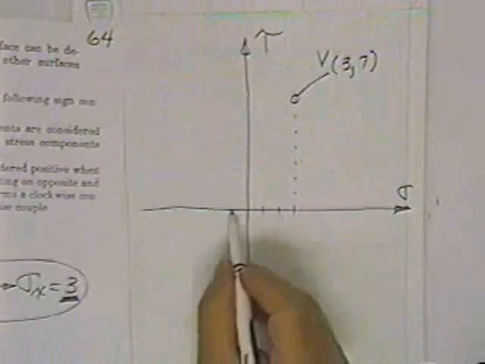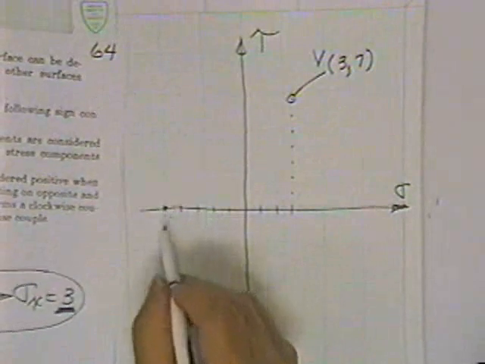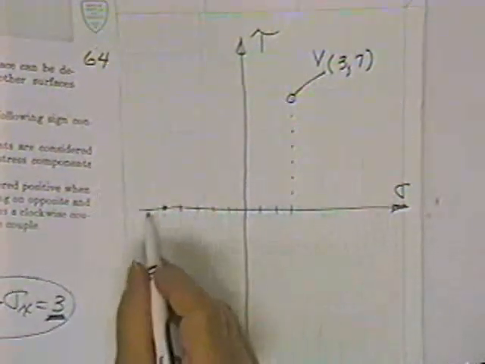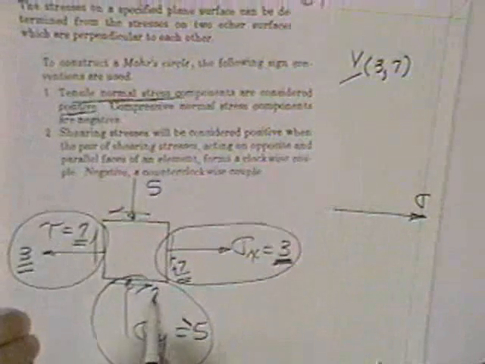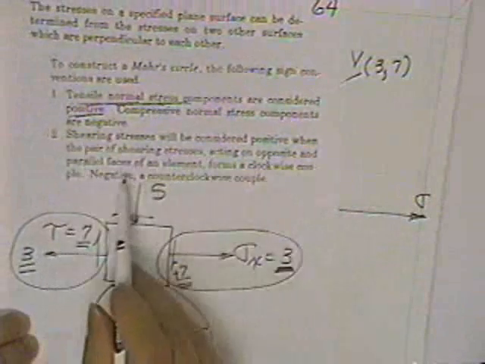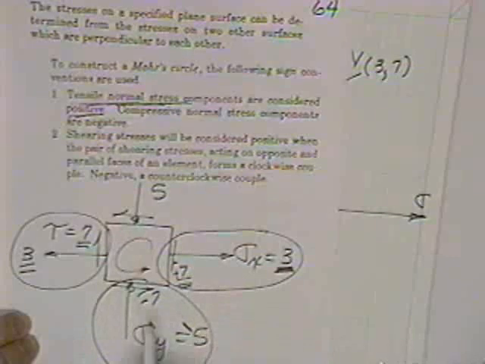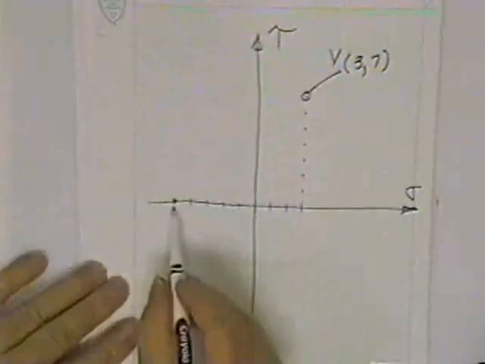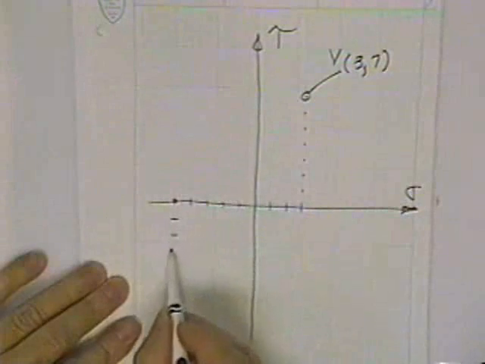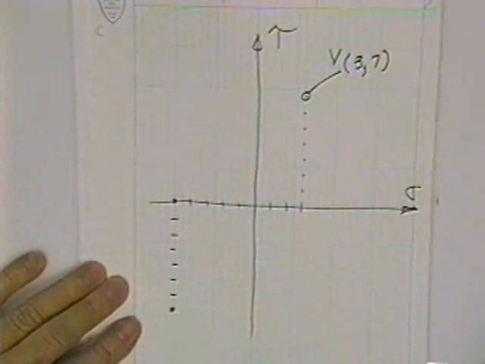So I come over to my diagram and I go 1, 2, 3, 4, 5 down the sigma axis in the negative direction. And then I plot this 7. Well, shearing stresses are positive when the pair forms a clockwise couple. Well, this guy doesn't go clockwise. This guy goes counterclockwise. So he is a negative 5, negative 7. So I go negative 5, minus 1, 2, 3, 4, 5, 6, 7.